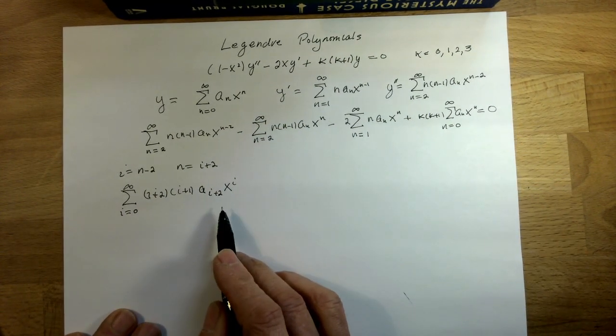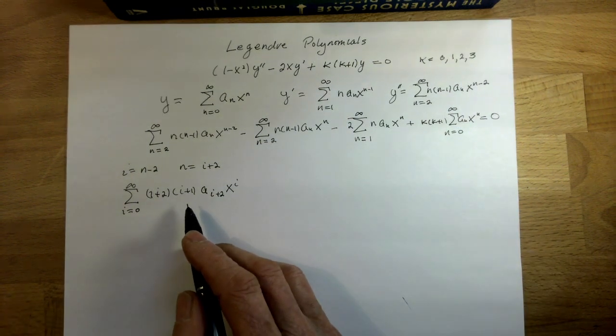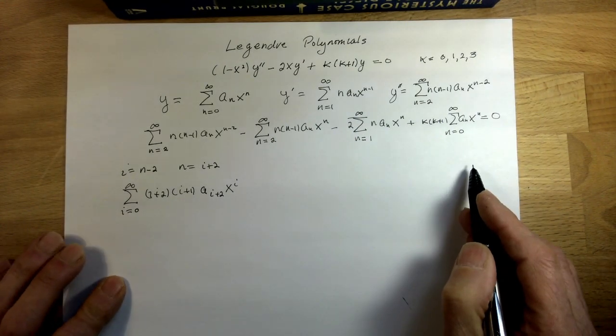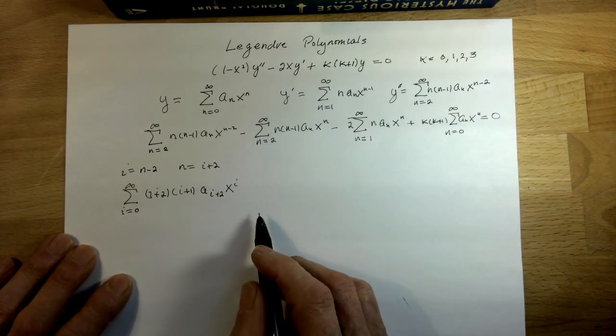Now what we're going to do with this term is, because i is just a dummy index, we can replace the i with the n, and then it'll make it all look the same. So finally, we're going to replace the i with the n, and rewrite these and see what we have.